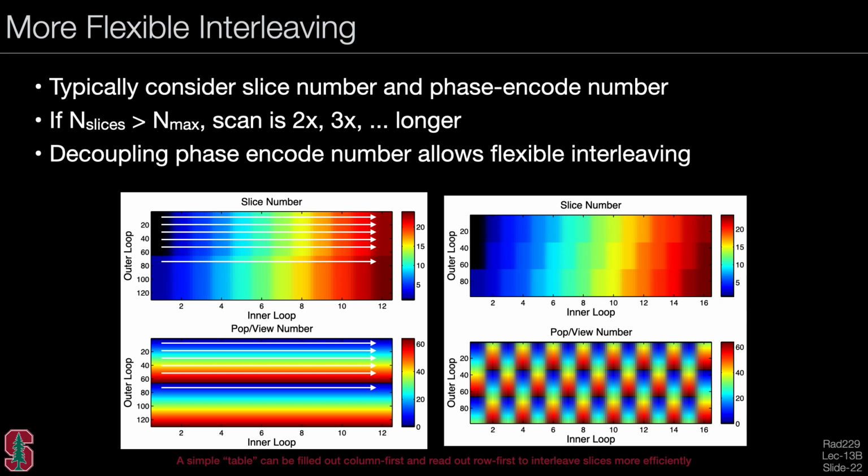Now notice if you instead fill this table out going down the column first, we have all of the phase encodes for the first slice, and then we simply go on to the next slice and show all of the phase encodes and go into the next column. So we can actually fill this in column first and read it out row first, and this gives us a very easy way to schedule the slices and phase encodes so that we can acquire the slices in a minimum amount of time overall.